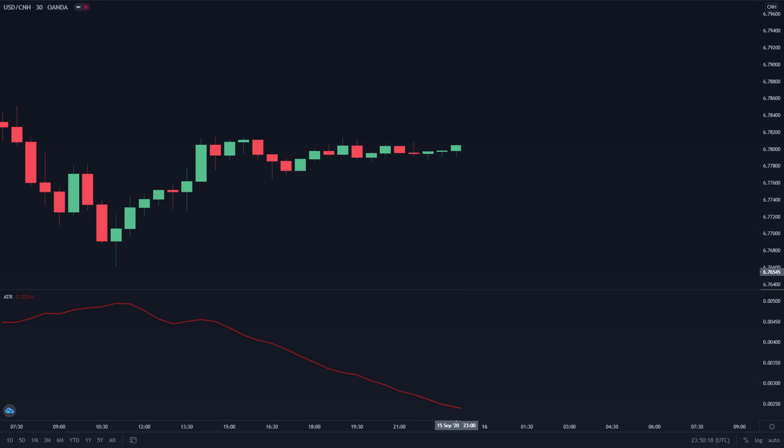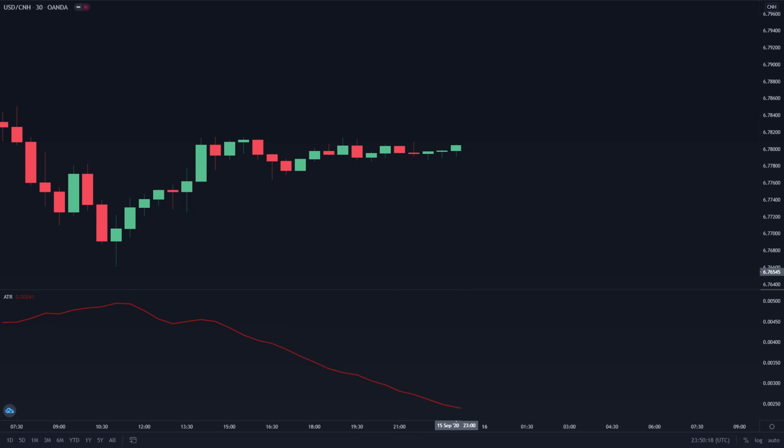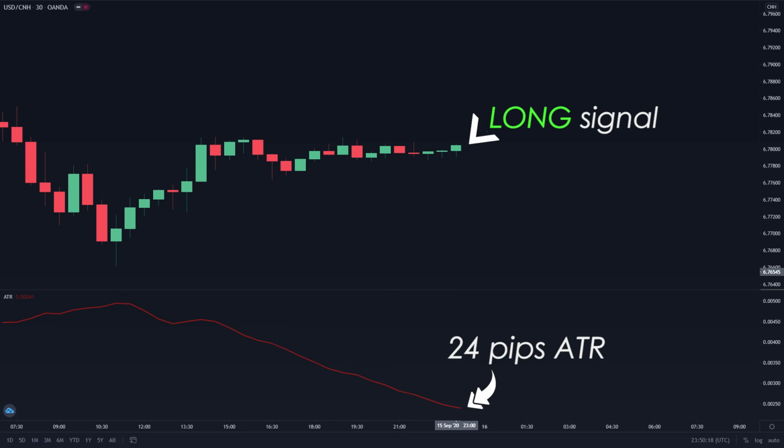So what you need to do is use the multiples of the ATR to determine your stop loss depending on your risk tolerance. For example, let's say your entry indicator displays a long signal here, and at this specific point, the average pips of the last 14 candles is 24. So you can actually put your stop loss based on that number.